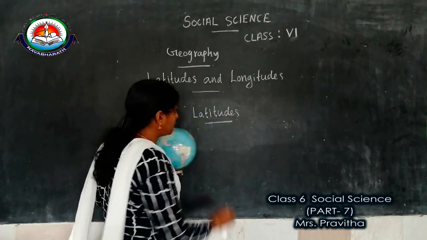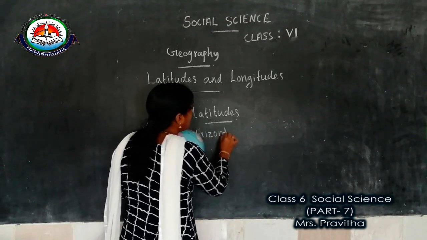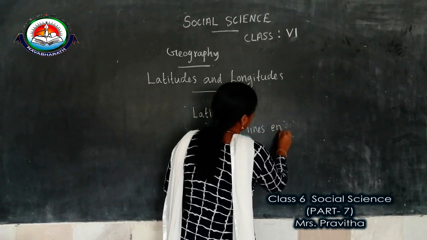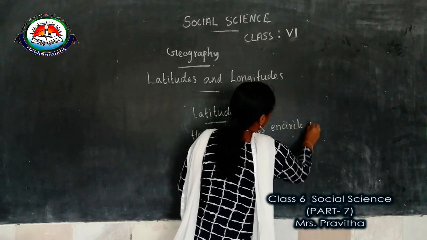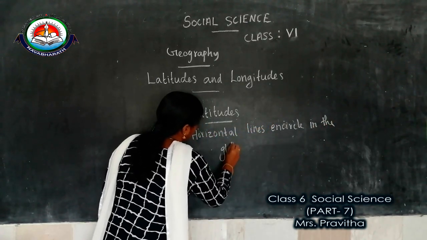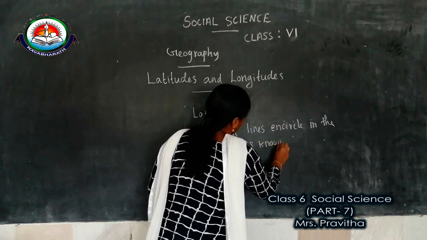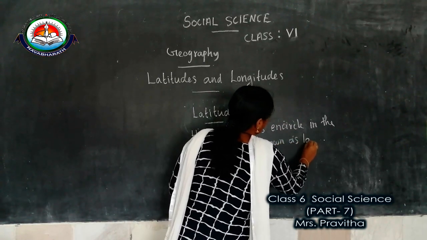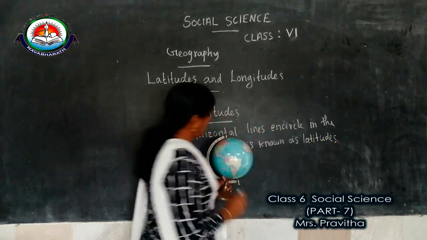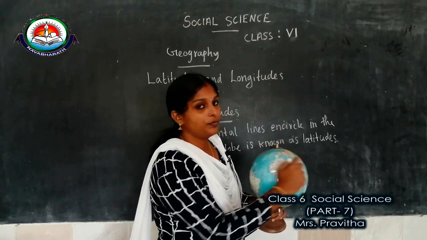What is latitudes? Horizontal lines encircled on the globe are known as latitudes. I think, children, you got an idea.